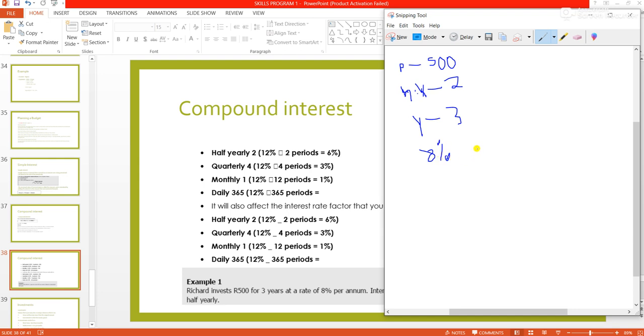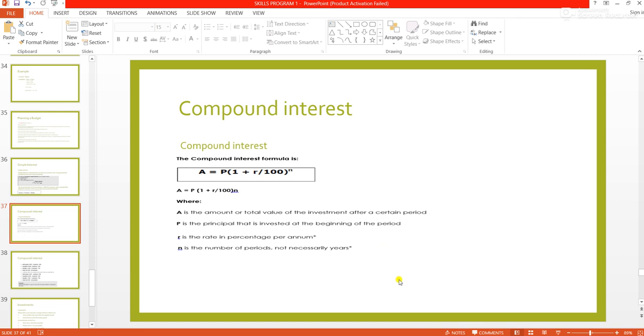So let's work it out based on the formula that we have.